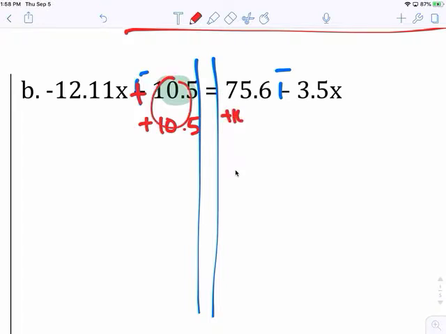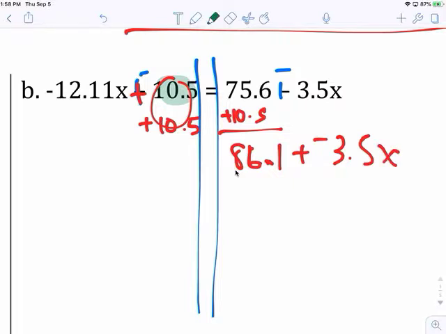Add 10.5 to the other side, I get 86.1, plus a negative 3.5x. And this is negative 12.11x plus 0 is negative 12.11x.